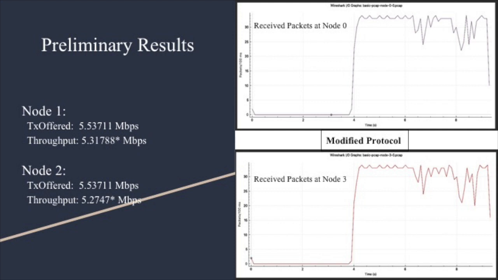Once again, there's a star besides this throughput, and this is once again a function of the questions asked in the mid-semester presentation, which we will get to shortly. But at a high-level overview, in this basic form, our protocol seems to perform extraordinarily well compared to the original.